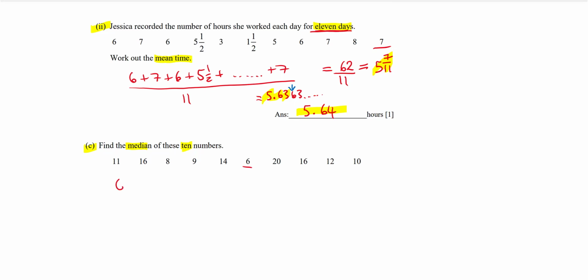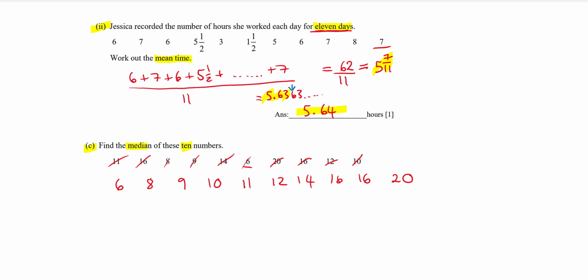So we'll start with 6, and then we've got 8, and then 9, and then 10, and then 11, and then 12, and then 14, and then we've got 16, we've got 2 of them. So 16, 16, and then our last number is going to be 20.